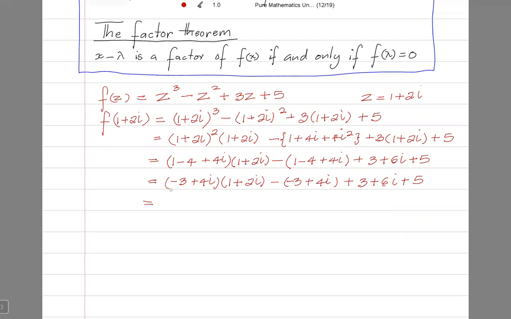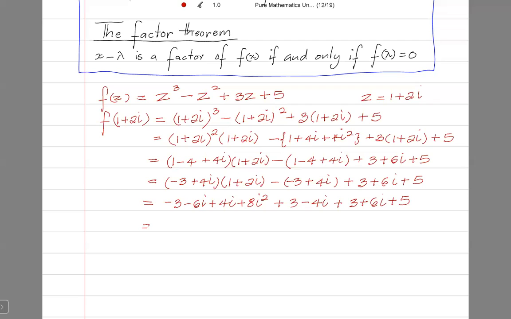Let's do the binomial to the left. This is minus 3 minus 6i plus 4i plus 8i squared. Distributive law, negative times a negative is a positive 3. Negative times a positive is a negative 4i. Plus 3 again, plus 6i, plus 5.